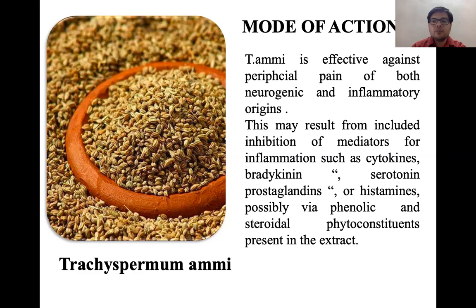This may result from inhibition of mediators of inflammation such as cytokines, bradykinins, serotonins, prostaglandins or histamines, possibly via phenolic and steroidal phytoconstituents present in the extract. So the alcoholic extract of Trachyspermum ammi possesses anti-inflammatory as well as analgesic or pain relief effect.